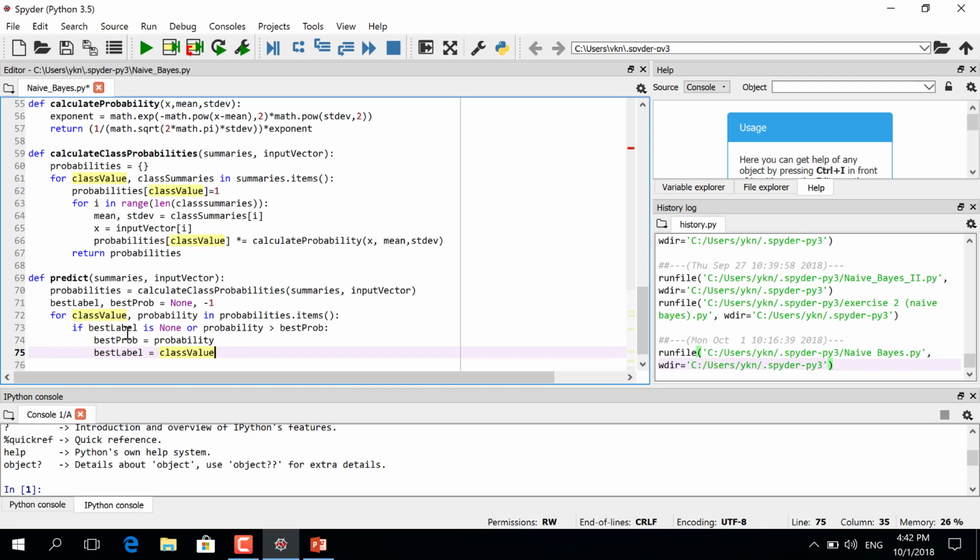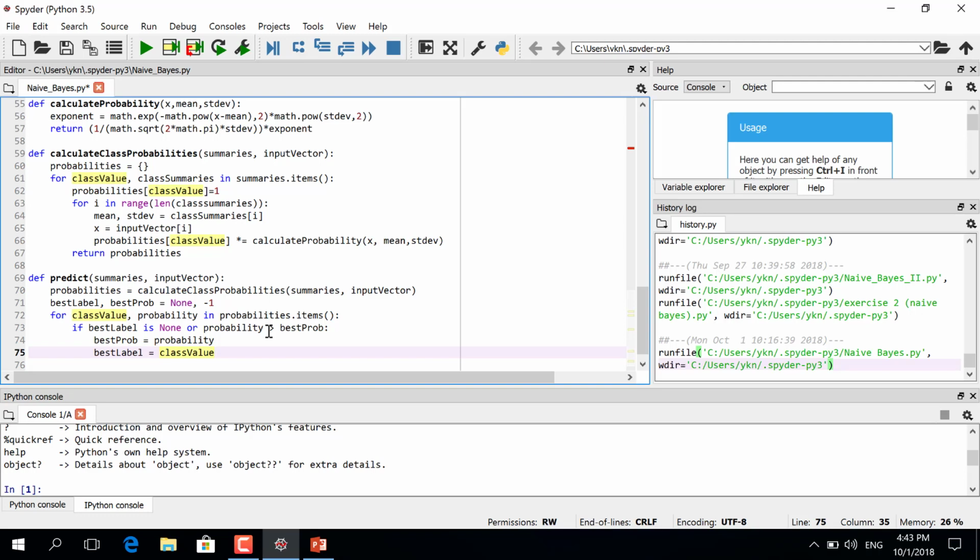So the result of these probabilities is the best level. If best level is none, meaning it is the first calculation, or if the probability is higher than best probability, meaning that after the first stage you compare it with the next calculation, and the second calculation's probability is higher than your best probability from the first stage, then the highest probability is taken as your best prob.